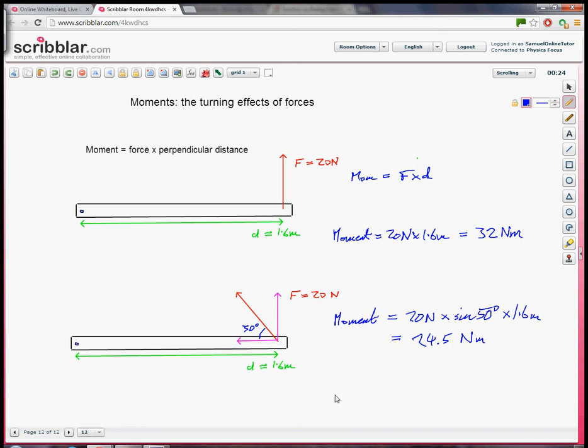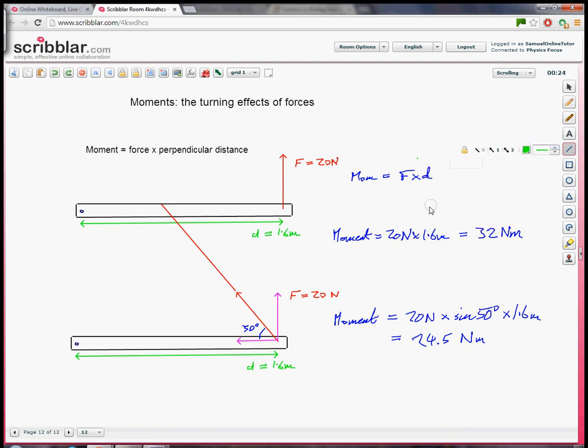An alternative way to work this out would be, rather than taking the perpendicular component of the force, to take the perpendicular component of the displacement here. And the way to think of that is, imagine this force here. Imagine taking that force and extending the line out, like so, and looking at where is the closest position, the closest distance between the pivot and that line.